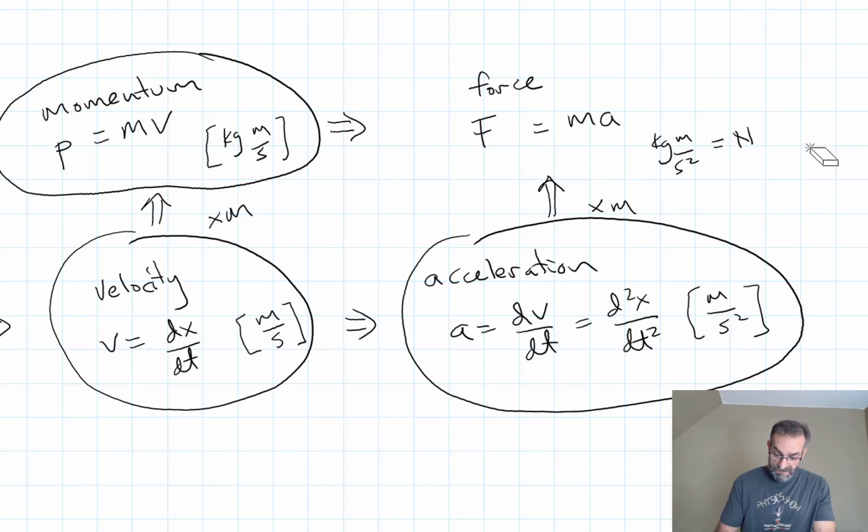Let's see. Maybe I drew my circle around force too early. Maybe I have to add something to this. Force is also equal to the time derivative of momentum. And of course, those would be vectors.